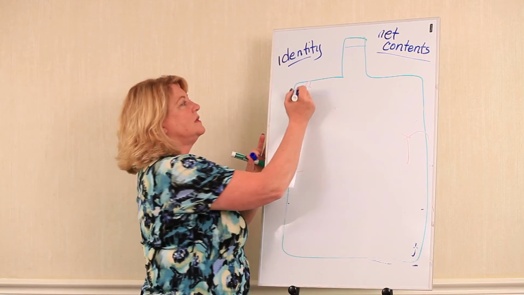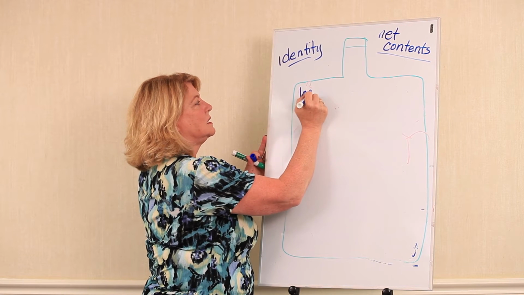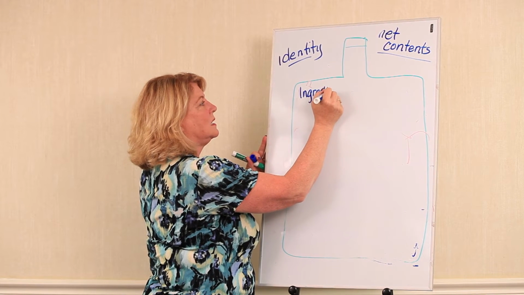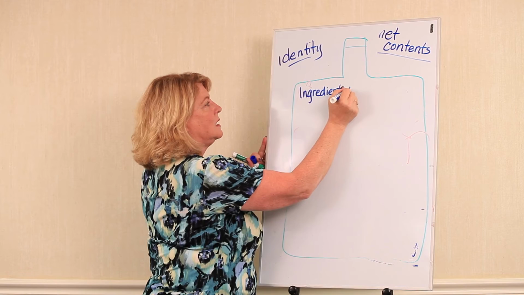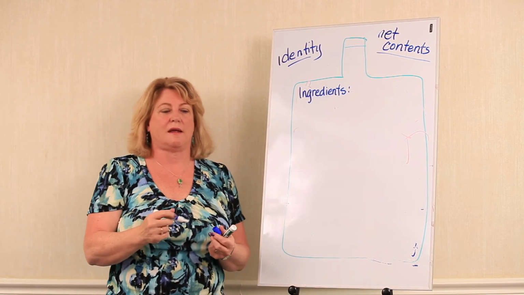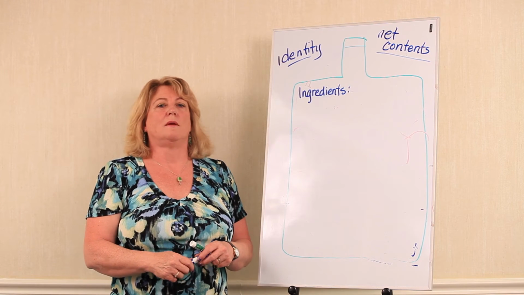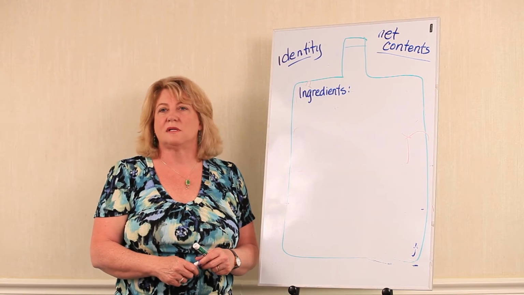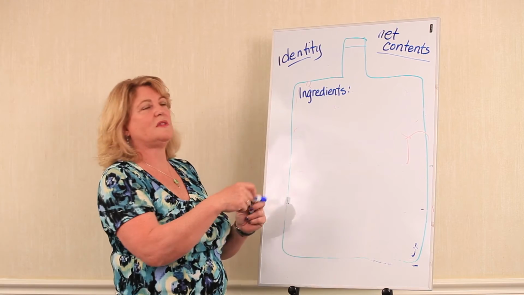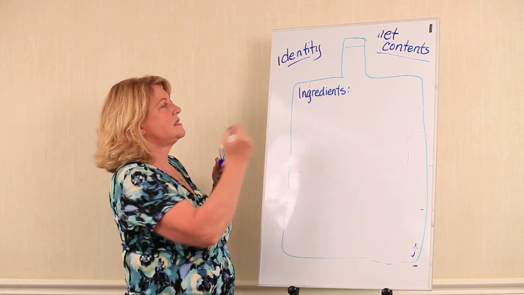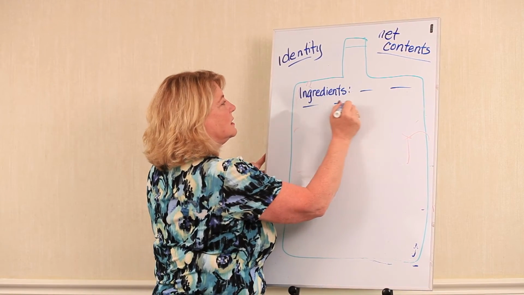You have to have the ingredients. And that's usually written like ingredients: palm oil, coconut oil, emulsifying wax, fragrance, color, whatever the ingredients are. You need to list them, so they're going to be listed out here.